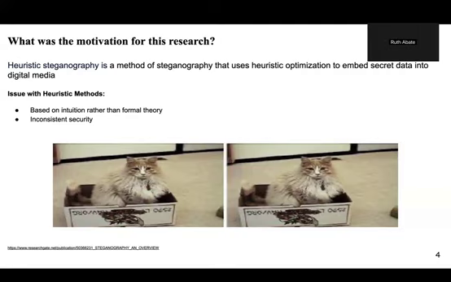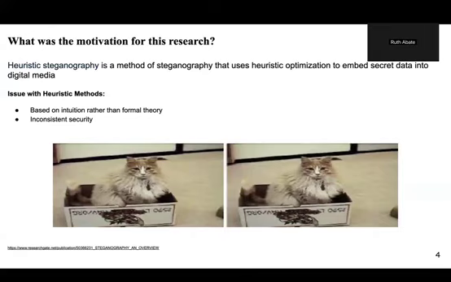There are two major issues with heuristic methods, and that's why researchers needed to develop something better. Number one, it's based on intuition rather than formal theory. Traditionally, heuristic methods rely on best guesses rather than proven cryptographic models.